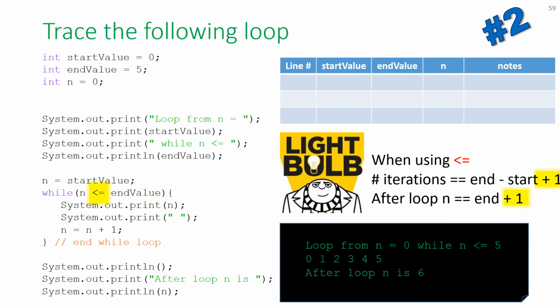All right. So this is me taking notes on the side and saying, okay, so when I use lesser equal, it looks like the number of iterations would be n minus start plus 1. And after the loop, n will be whatever n value I have plus 1. And I'm going to keep going through this. This is what I mean when I tell you, you guys are going to learn programming by tinkering.